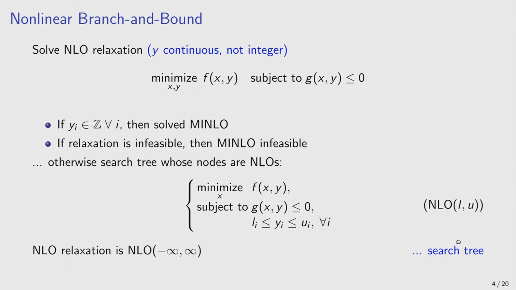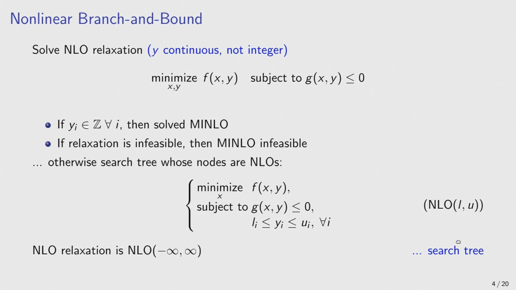Then, together with the mixed integer nonlinear optimization problem, we also have this relaxation, where we relax integrality. We ignore the fact for the moment that our variables y are integer and just set them to be continuous. So this is now a nonlinear optimization problem, and there are lots of good open source solvers that solve it.